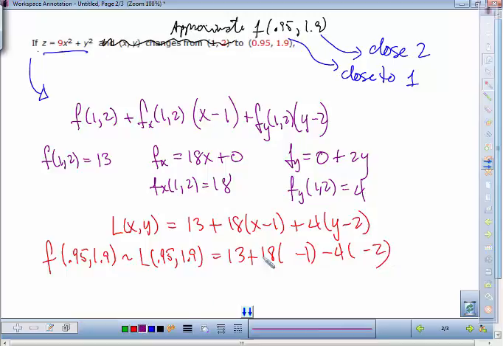And then what we could do is put in 0.95 and the 1.9 where x and y are. So this is negative 0.05, and this is negative 0.1.